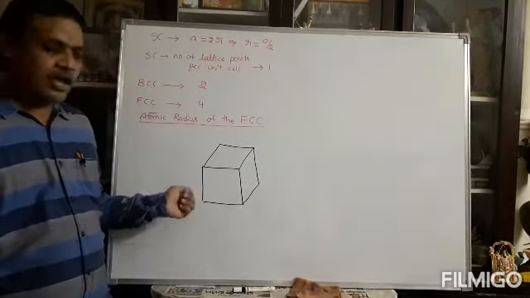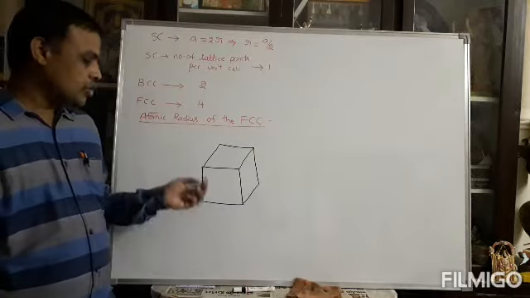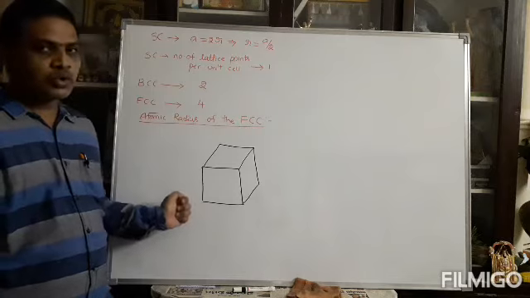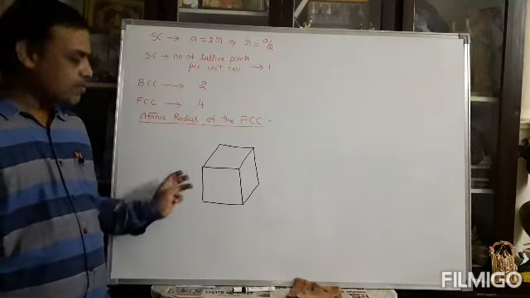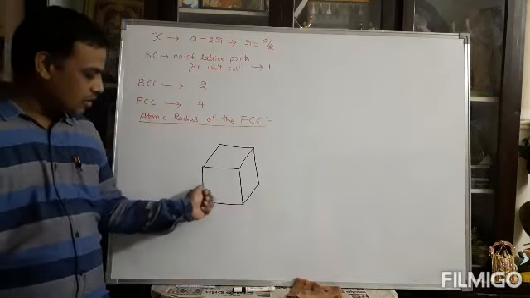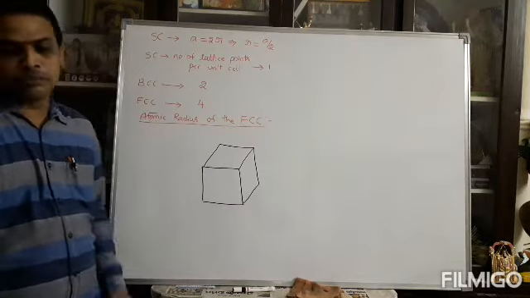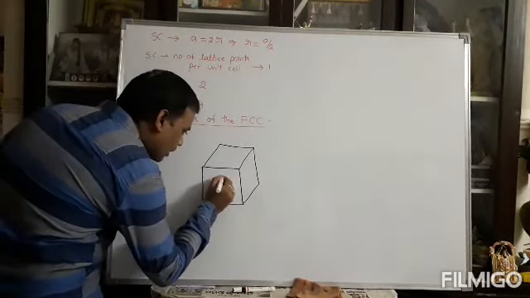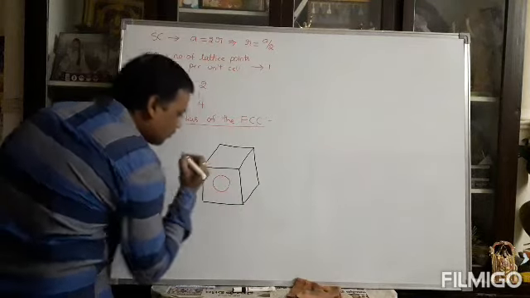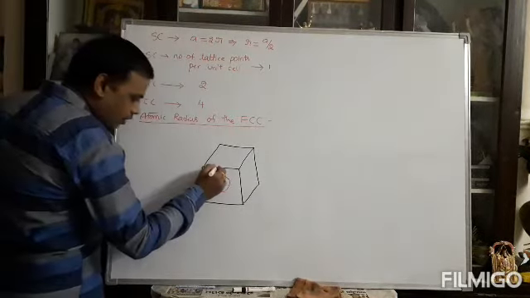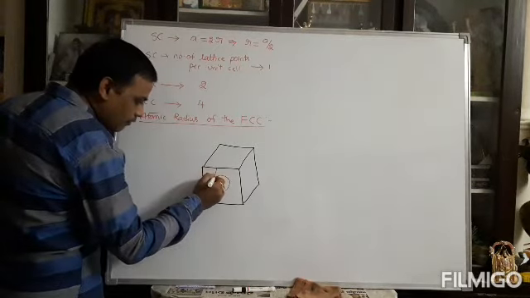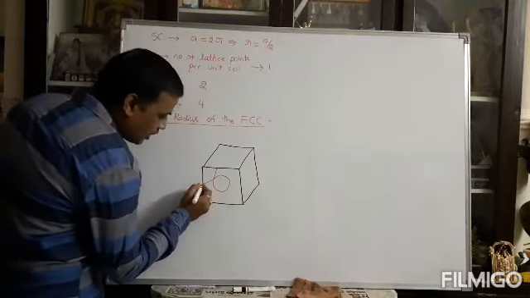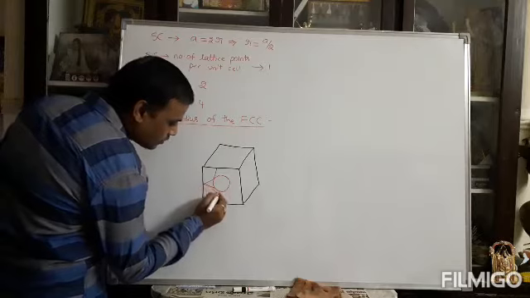At every corner, the atom's portion is 1/8, because the remaining 7/8 is occupied by the 7 neighboring unit cells. So the center of the face is occupied by one atom, and every corner is occupied by 1/8 portion of an atom, like this.